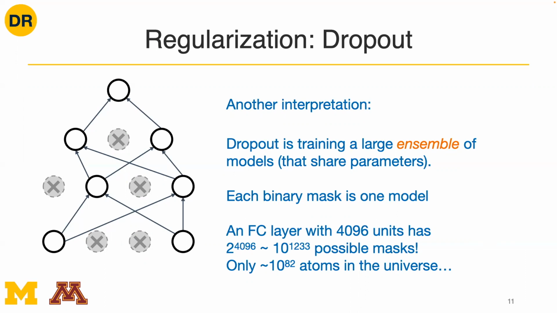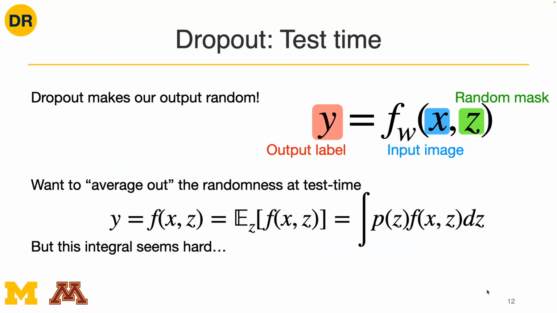So every single binary mask that you could possibly sample from your distribution of binary masks, fitting into the layers of the network, is a separate model, and all of them are getting trained by training with dropout. Because the number of possible masks you can sample is so big, it's like you're ensembling over this huge number of possible models and benefiting from the power of ensembling, which is a concept in machine learning which we'll touch on towards the end of the lecture if we have time. So that's another interpretation of what dropout is doing.